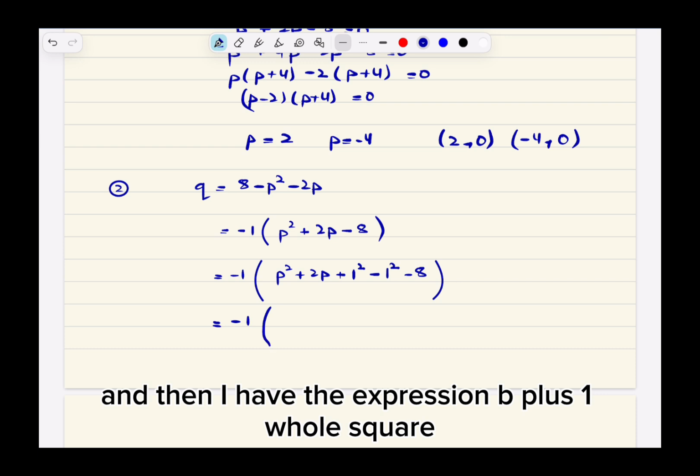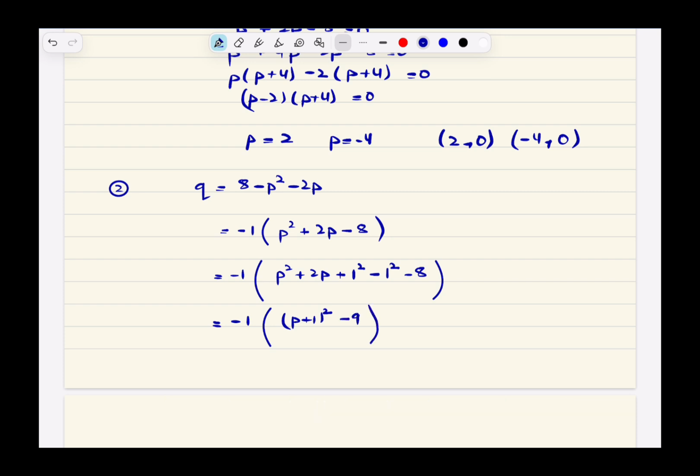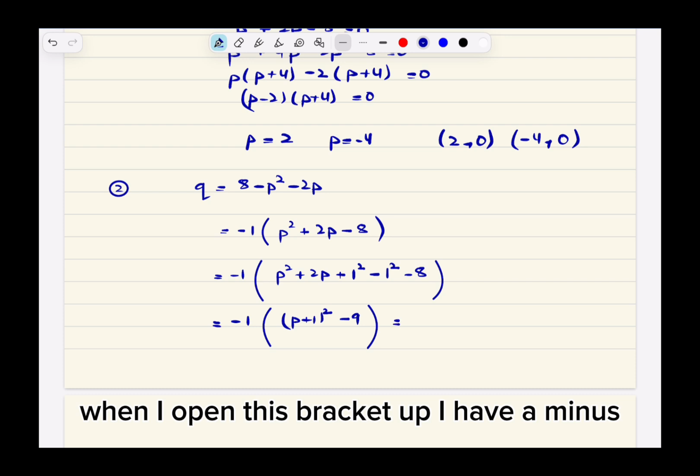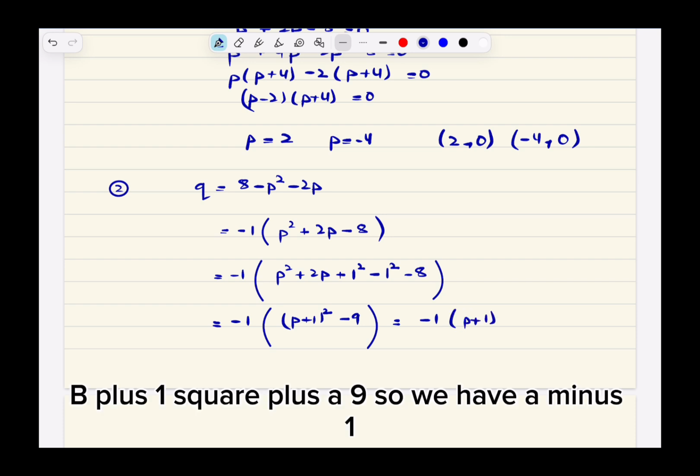Then I have the expression p plus 1 whole square, and minus 1 minus 8 is simply minus 9. When I open this bracket up, I have a minus 1, which indicates a maximum point, and I have minus p plus 1 square plus 9.